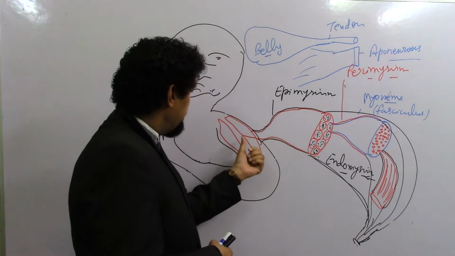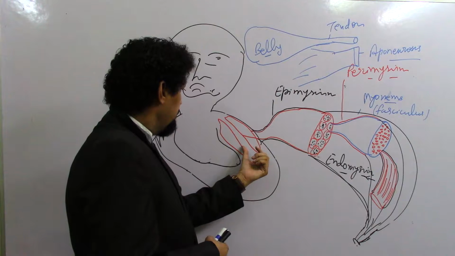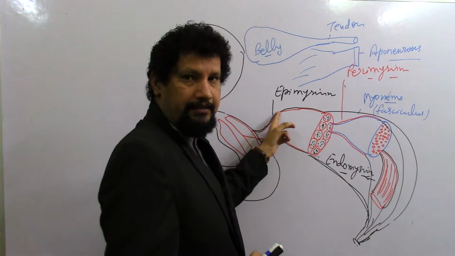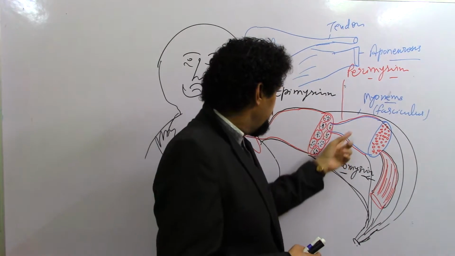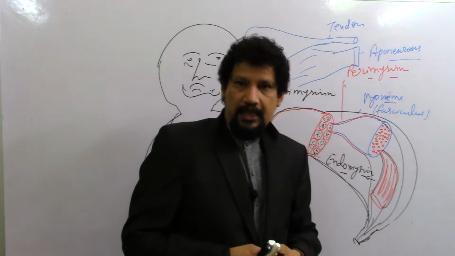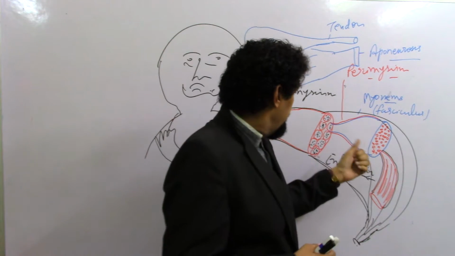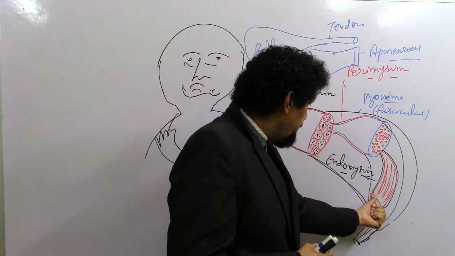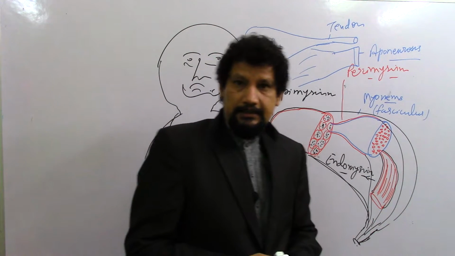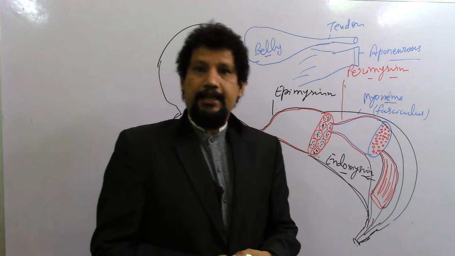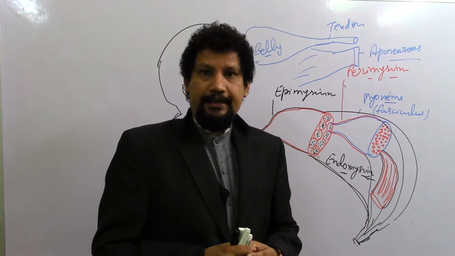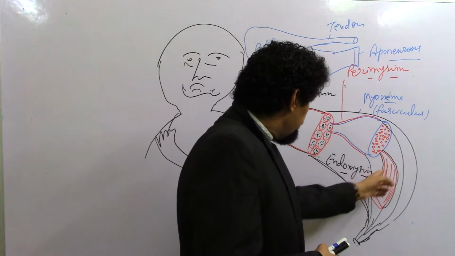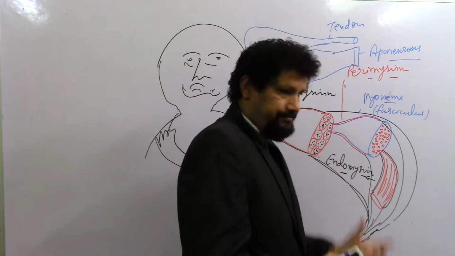Now this is the example of muscle which is covered by the epimysium. Then the fasciculus or myonemes are covered by the perimysium, and the muscle fiber proper or the muscle cell or myocyte is individually covered by a delicate connective tissue layer known as endomysium.